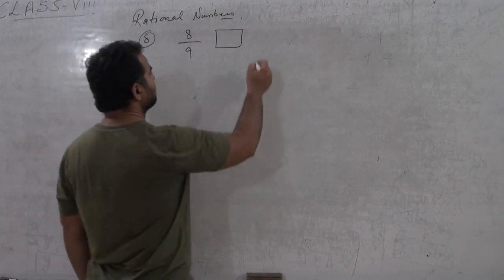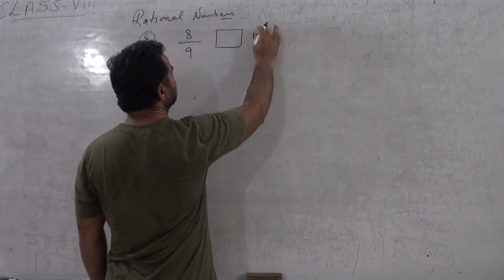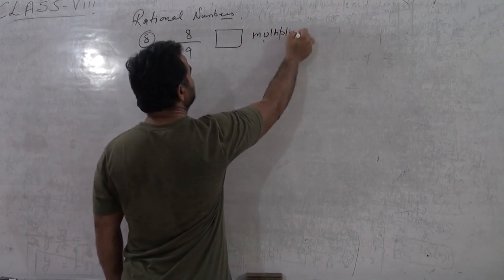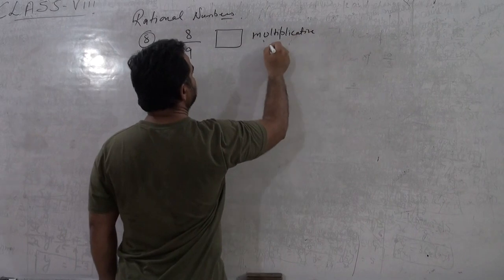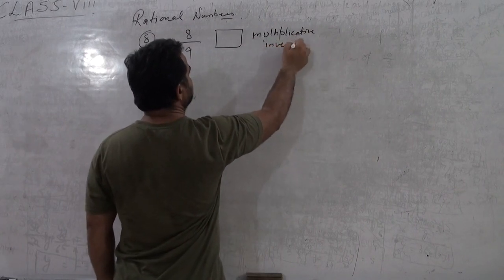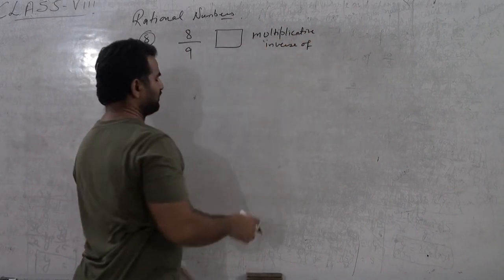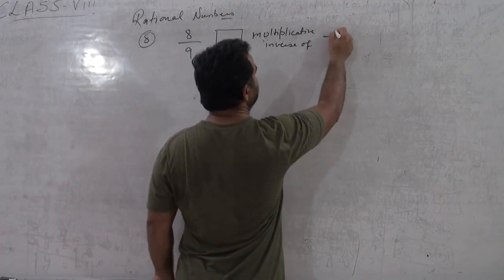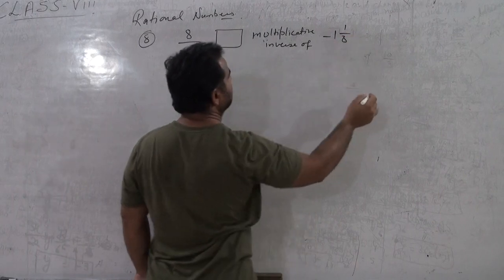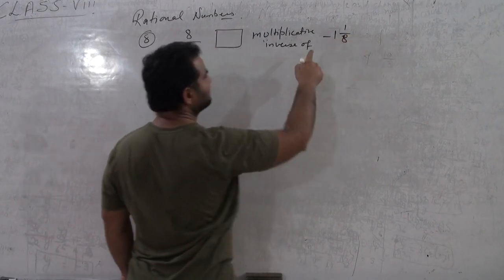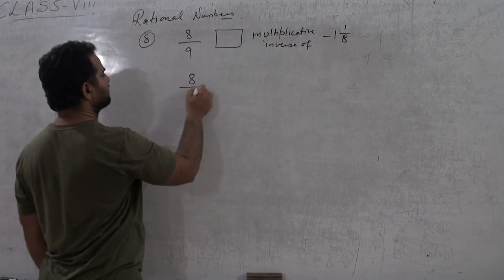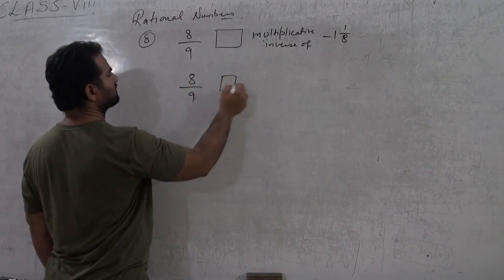So what we have to find is the multiplicative inverse of minus 1/8. First of all, change the mixed fraction into improper. So 8/9, box.